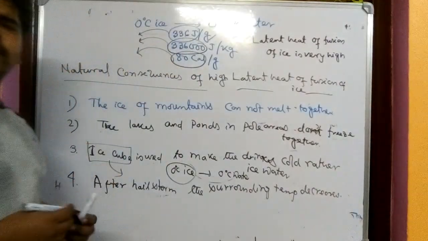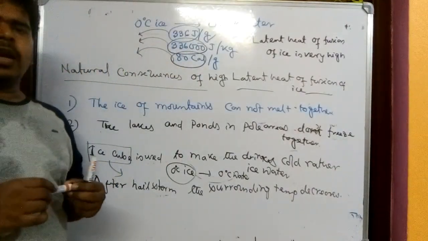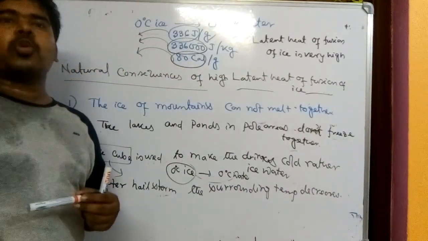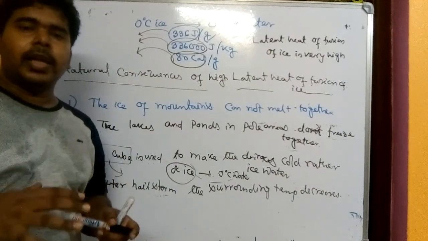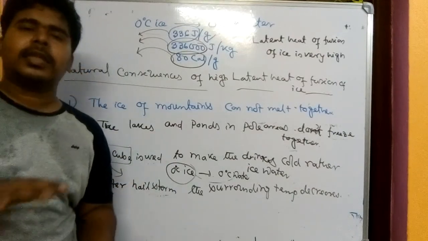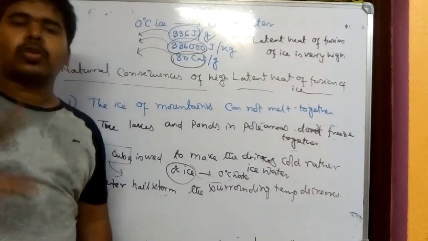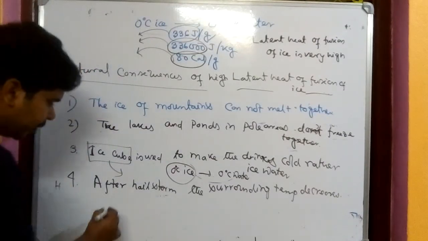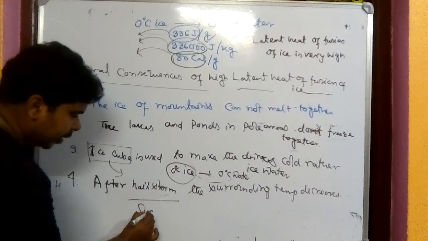What is hailstorm? Hailstorm is a storm in cold areas, where suddenly ice melts.